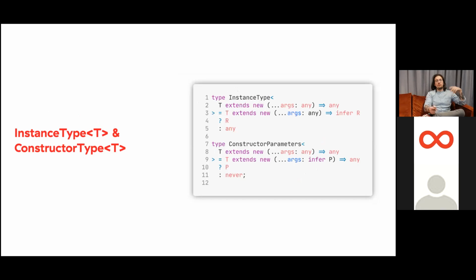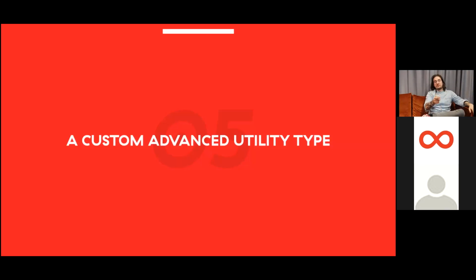And we can also work with classes. Instead of something that is function-like, we extend T to match something that is class-like with a new keyword, and by placing infer either in the arguments of the constructor or in the return value, we can infer the instance of that class or the constructor type of that class.